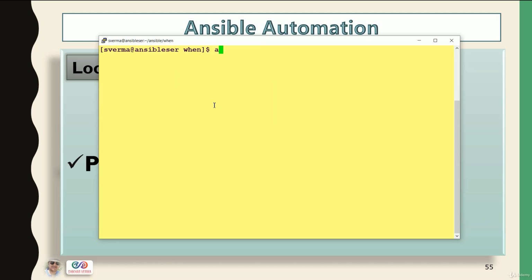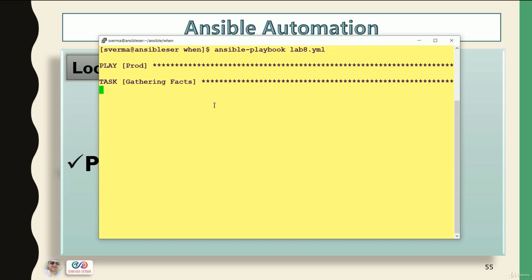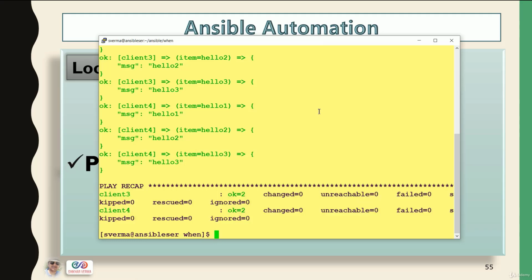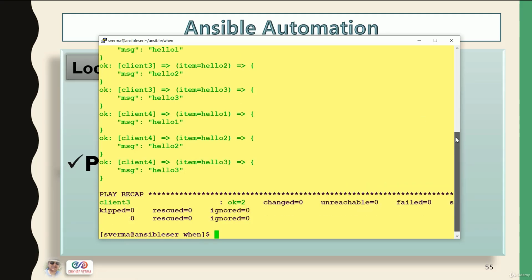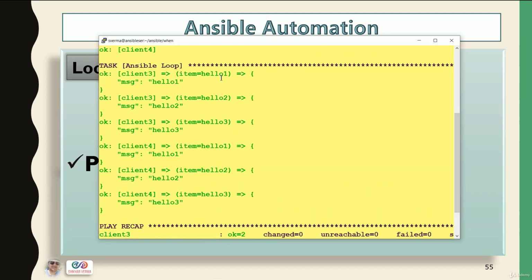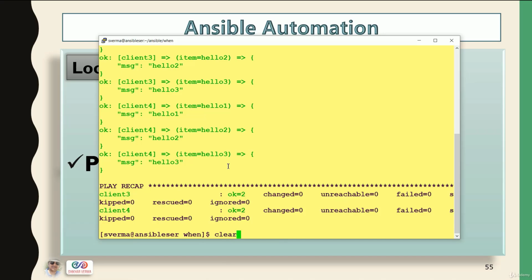Now I'm going to execute this playbook. Now you can see that it has printed hello 1, hello 2, hello 3, that is for client 3, and hello 1, hello 2, hello 3, that is for client 4. So it's a very simple Ansible playbook where we have defined how we can use the loops.